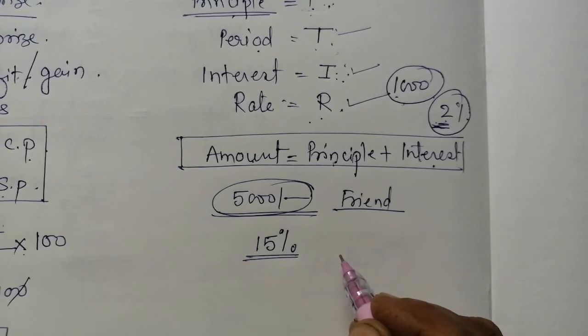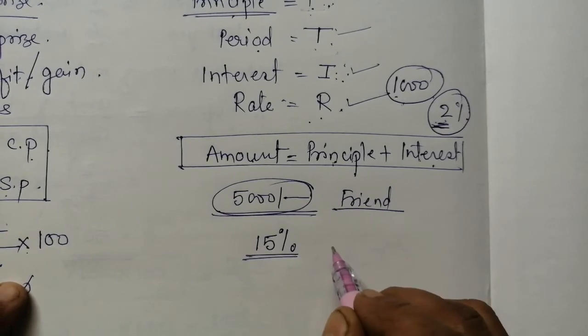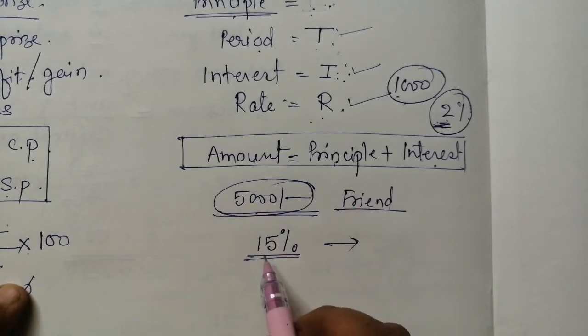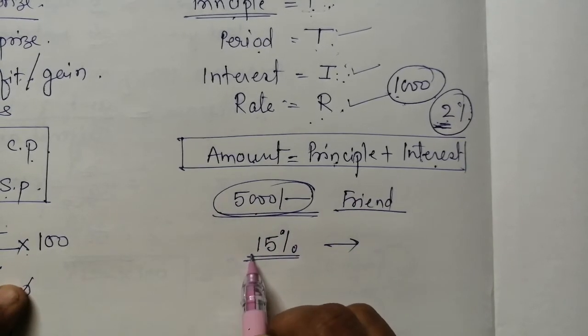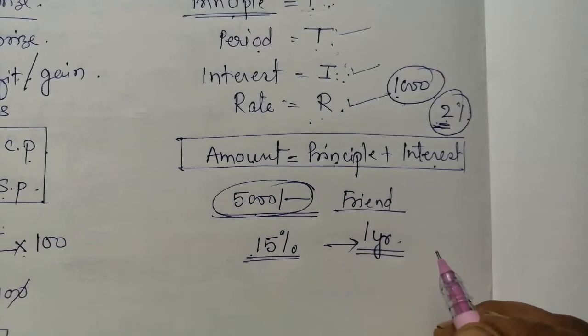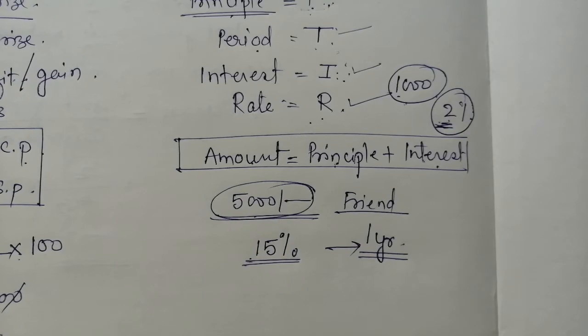Now you have to find out the interest you are going to pay after 1 year. You have taken 5000 rupees from your friend at the rate of 15% for 1 year. Now how will you find out the interest?